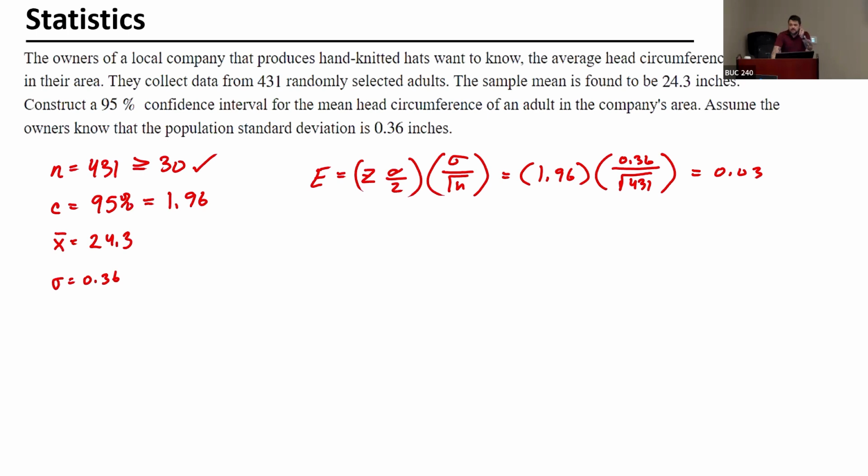We have all the information to say, oh, we have an interval. We have our mean, which is 24.3. And we're going to plus or minus that 0.03 from that. So we come up with an interval that says this: 24.27 inches.